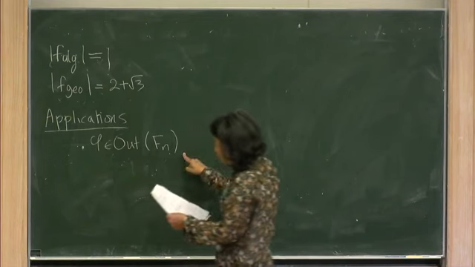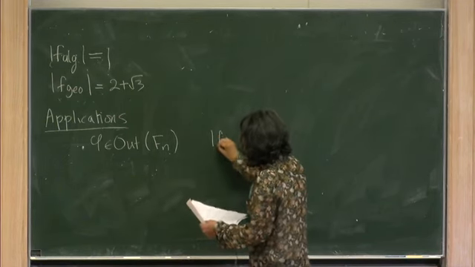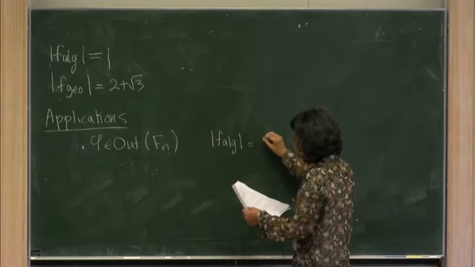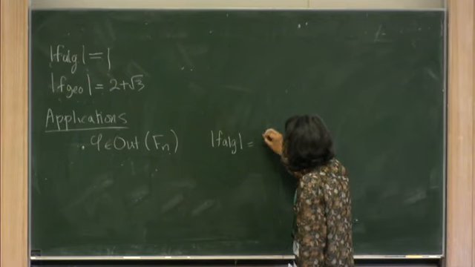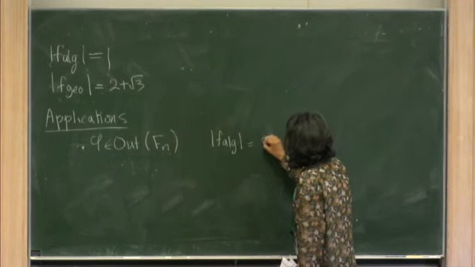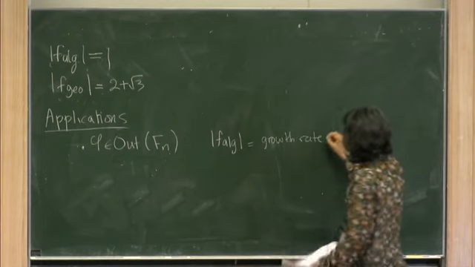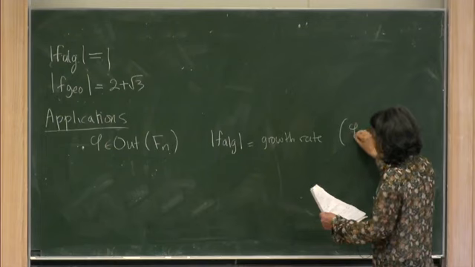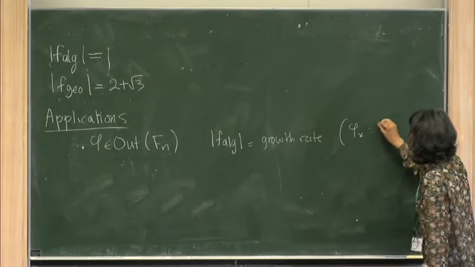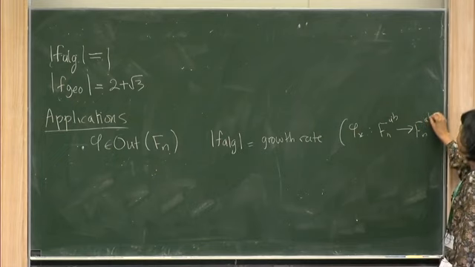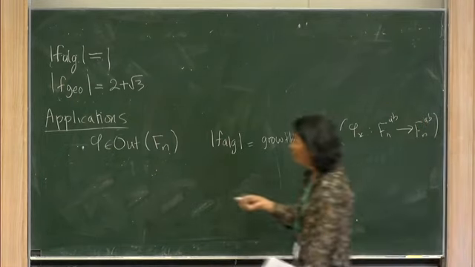But you always get that f_alg is the growth rate for the map phi star acting on the abelianization, which is just Z^n.